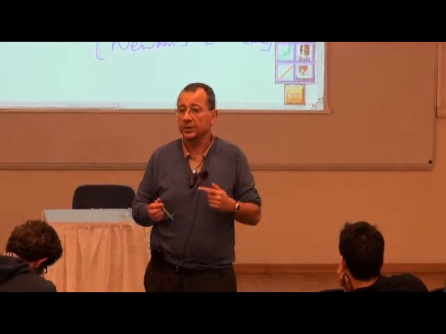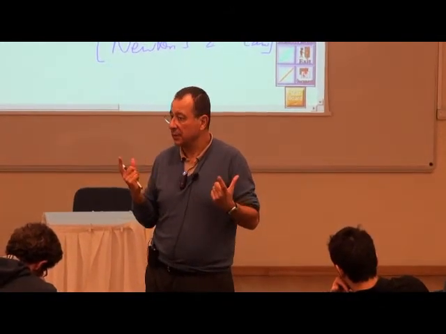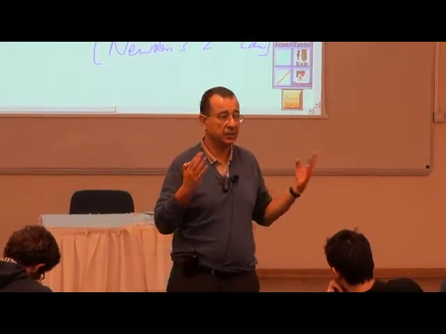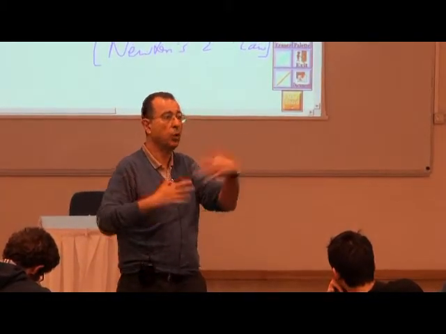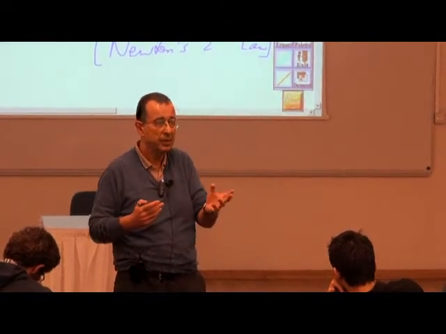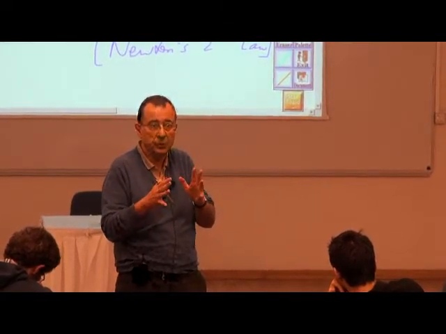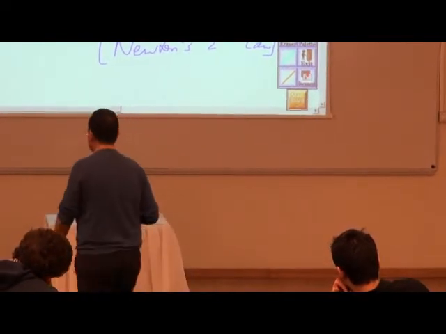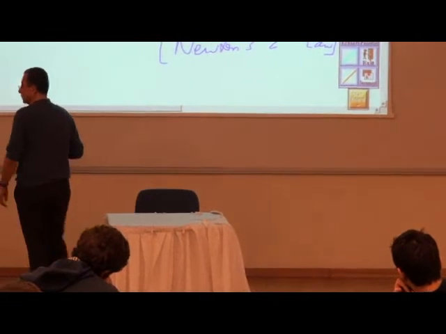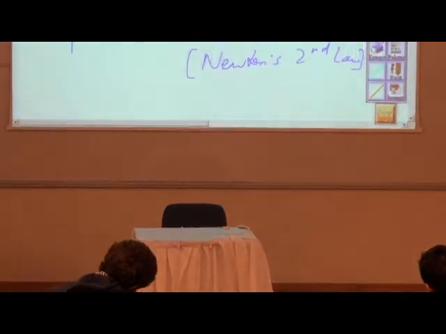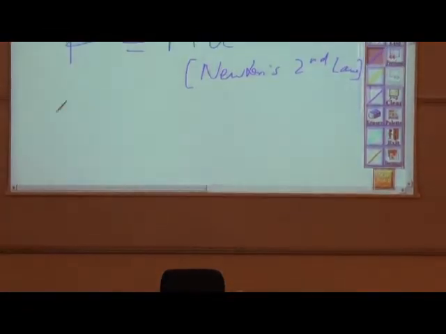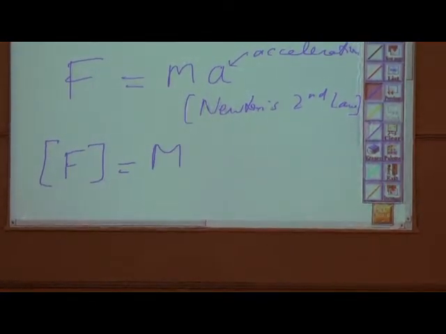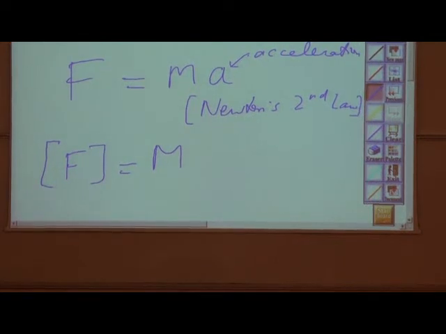What I've used it for is to figure out what the dimension of force is. F equals ma is the general law of motion that applies for all kinds of forces. So it tells me what kind of quantity this force is, what its dimension is. Okay? So the dimension of force is m, mass.